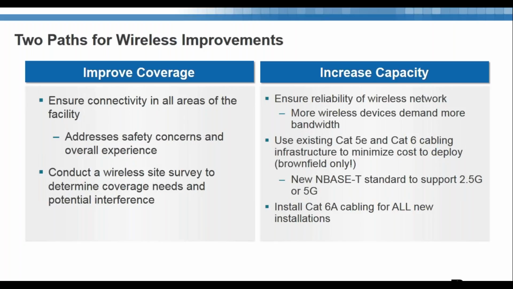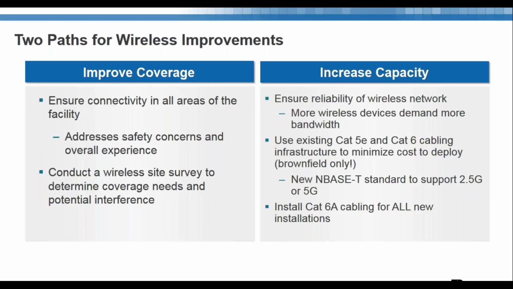We recommend that schools conduct a wireless site survey to determine their coverage needs and potential interference to help them build that technology plan to then apply for E-rate funding for the actual access points and cabling and installation and all of that. So if you have a school that's really suffering from poor wireless coverage, maybe recommend to them they do this wireless site survey to get a good feel for what exactly they should be applying for E-rate funds for.